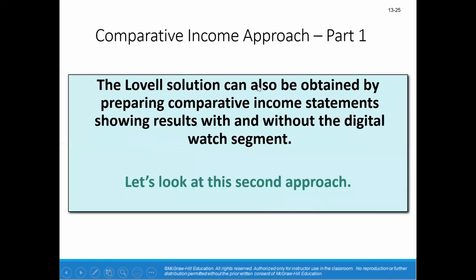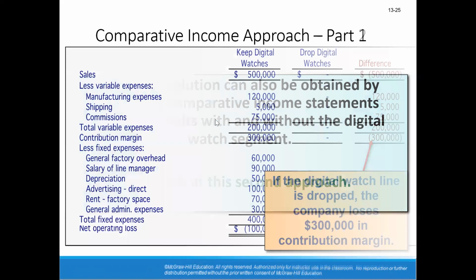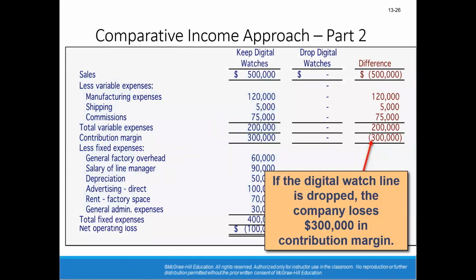The Lovell solution can also be figured out by preparing comparative income statements showing results with and without the digital watch segment. Here you see if the digital watch line is dropped, the company loses 300,000 towards the fixed expenses.